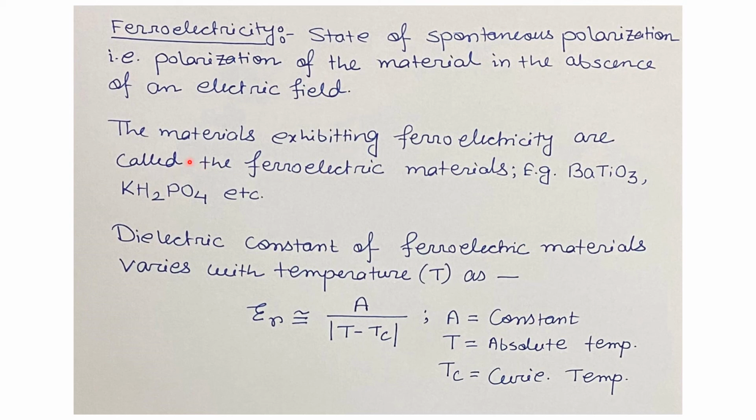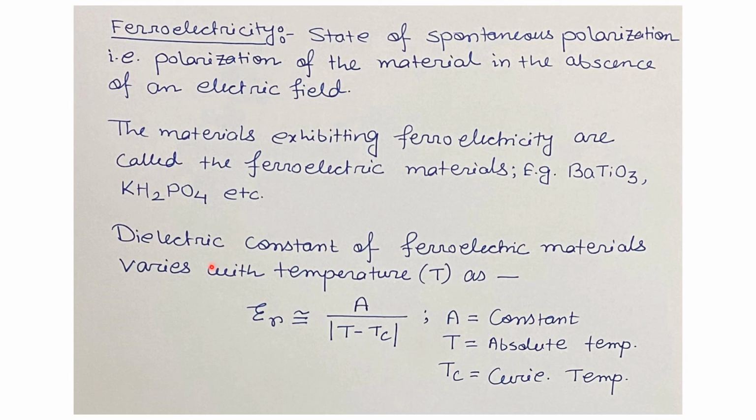Now, the materials which exhibit ferroelectricity are known as ferroelectric materials or ferroelectric crystals. Examples of such materials are BaTiO3, that is barium titanate, and KH2PO4, that is potassium dihydrogen phosphate. There are some other materials also, etc.